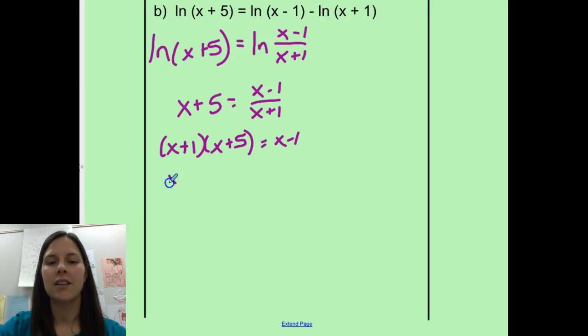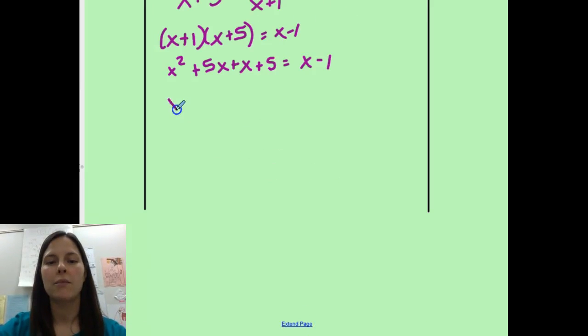On the left-hand side, I'll use distributive property, x squared plus 5x plus x plus 5. Combining my like terms, and I'm going to subtract the x from both sides. I'm looking at that one. So that one cancels, leaving me with 5x.